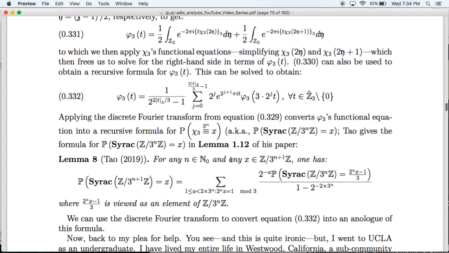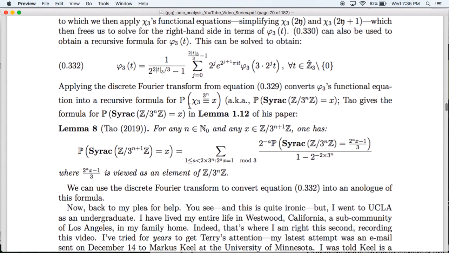Just by looking at this, you can see where the things are similar. Here, the 3-adic absolute value of t is going to be 3 to the n, so this is going to be 3 to the n minus 1. If t has 3-adic absolute value 3 to the n, and Tao uses n plus 1, that's why this is big N. If this was just an n, this would be n minus 1, much like we would have here.